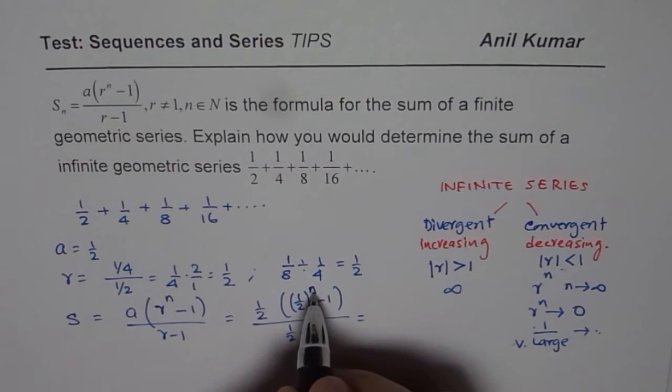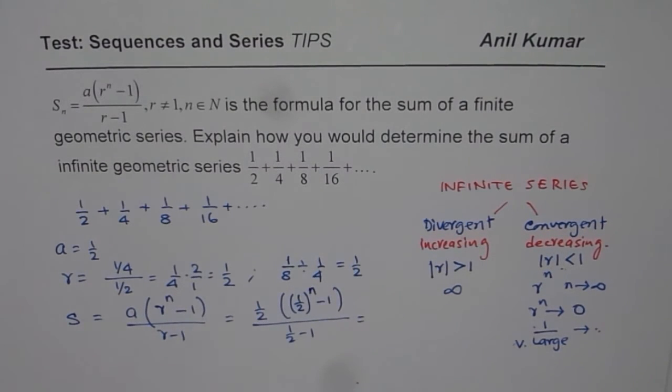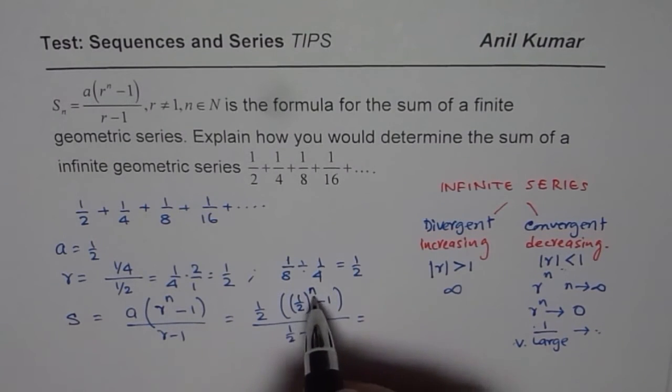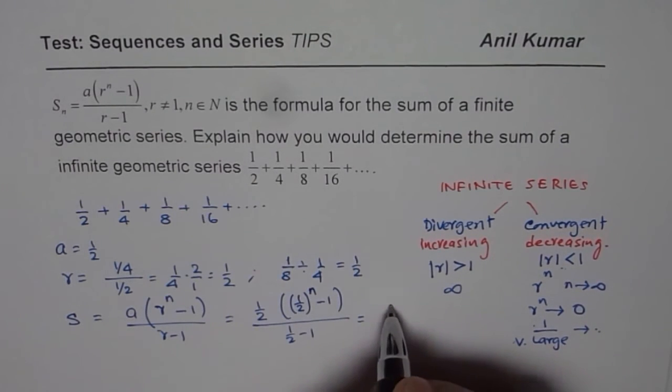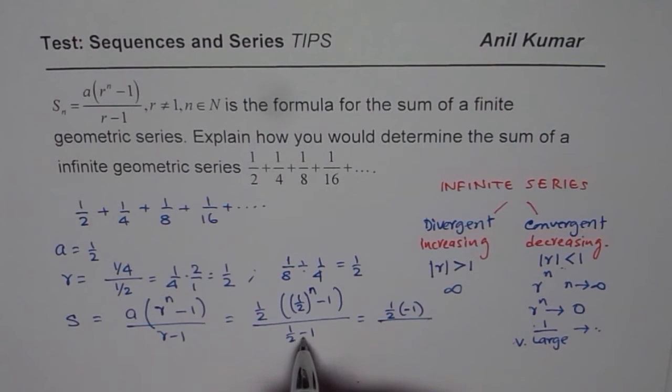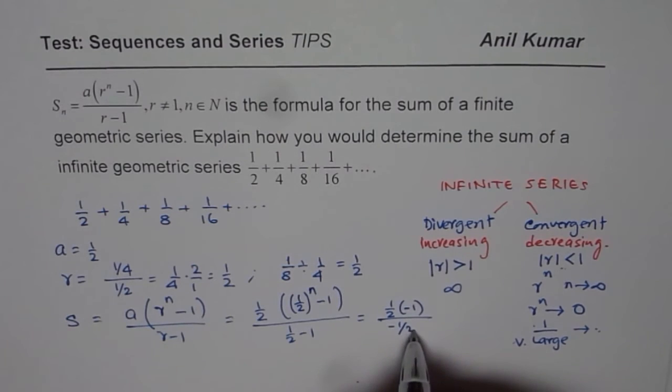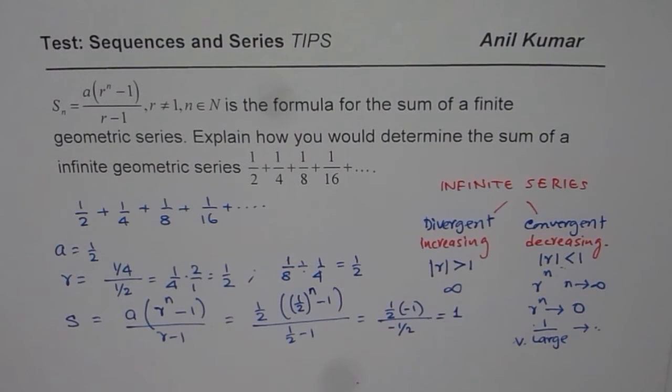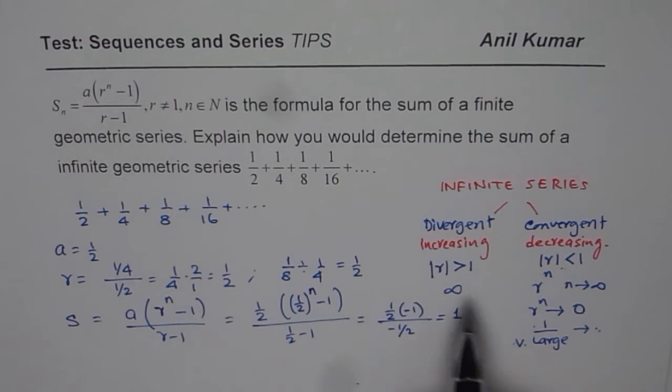Now if n is very large, then half to the power of n approaches 0. So we could write this as half times minus 1 divided by half minus 1. Half minus 1 is minus half, so we get 1 as our answer. So the sum of this series for infinite terms is 1.